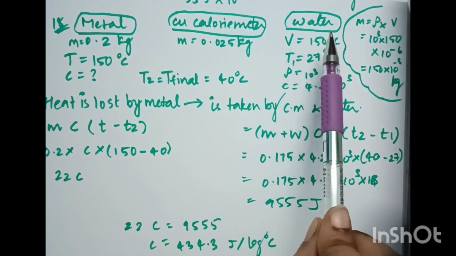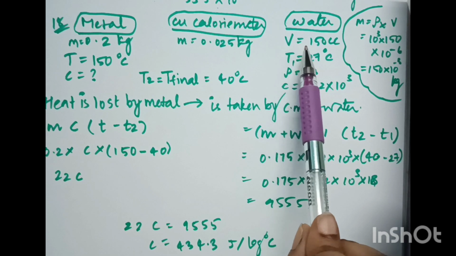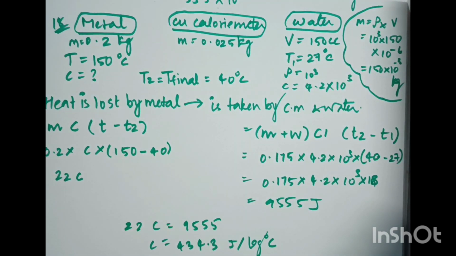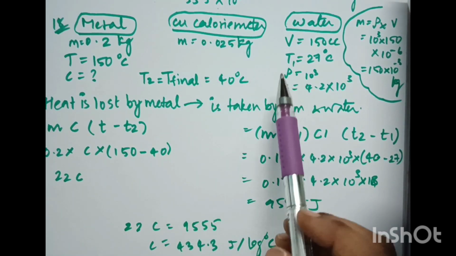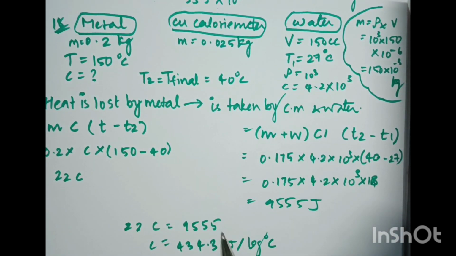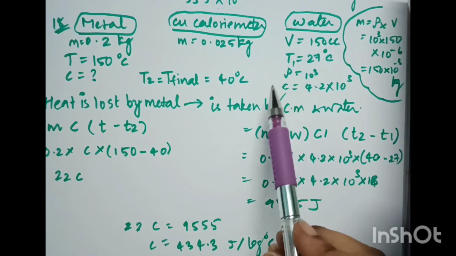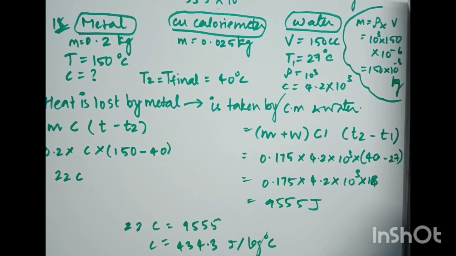And the volume of water in the calorimeter is 150 centimeter cube. So we have to convert it into mass, because in the formula we use the mass. The calorimeter and water both are at 27 degrees Celsius, and the specific heat of water is 4.2 into 10 power 3 joule per kilogram per degree Celsius.